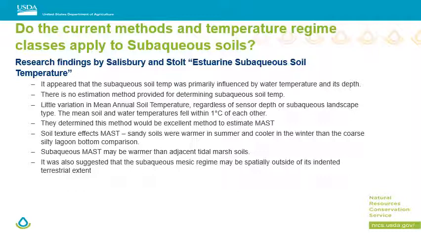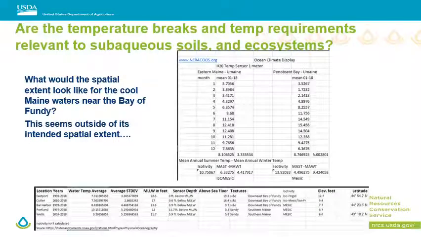After reading the journal, I was curious to see how far the extent would go. So I went to my university's website and searched for ocean water temperatures, and obviously I went to UMaine and I downloaded the temperatures for Eastern Maine and Penobscot, and after some calculations here determined that they were mesic.